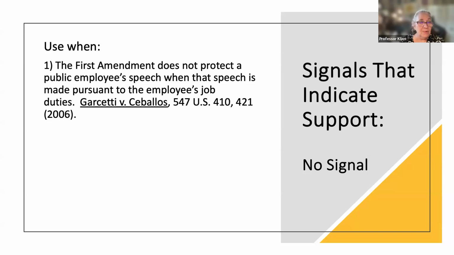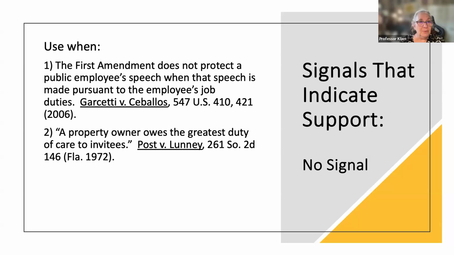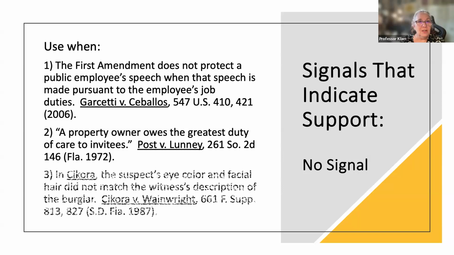Or if you are quoting directly from a case, here's a quote from Looney: a property owner owes the greatest duty of care to his invitees. Since it is a direct quote, you don't need a signal. The third time that you don't need a signal is when you actually use the name of the case inside your sentence.